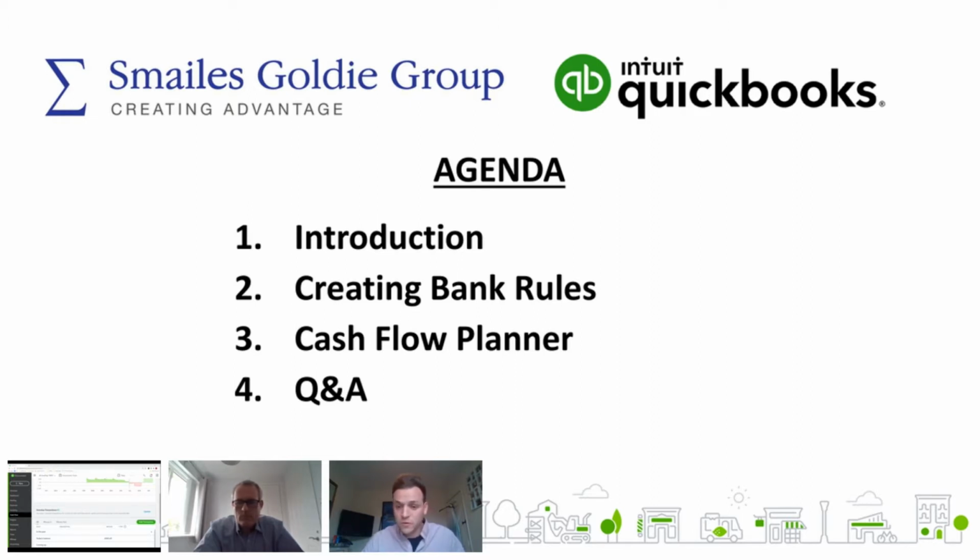Do we have any? I've got a question from Tracy. With regards to bank rules, if you add a new rule, will it update the items already reviewed? That's a good question. I don't think it does. I think effectively you've already categorized those transactions. Yes, it's basically looking at the ones that are uncategorized, isn't it? Yeah, exactly.